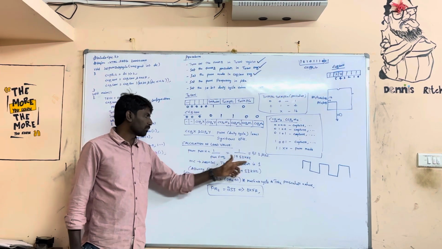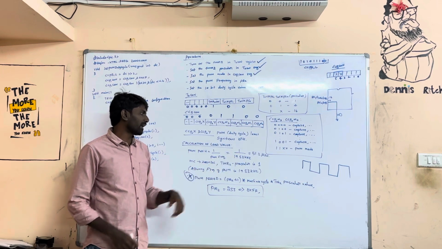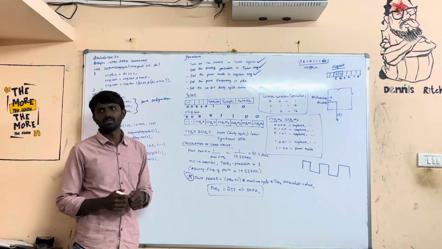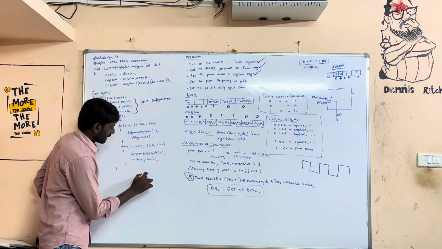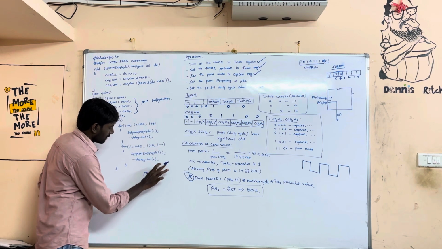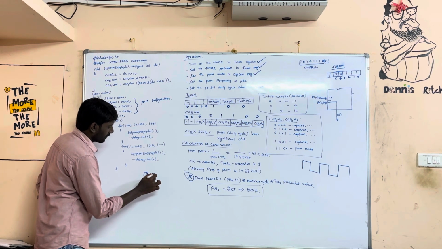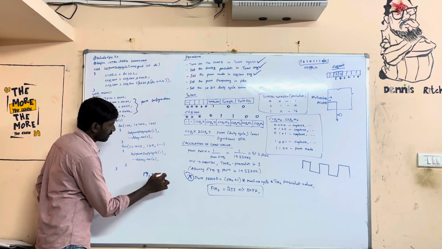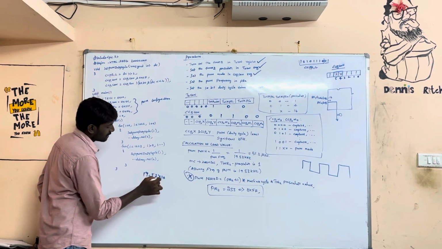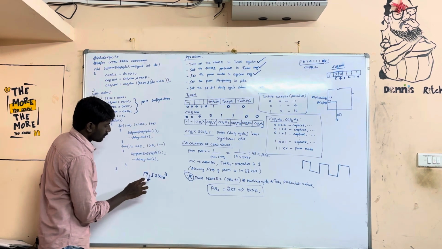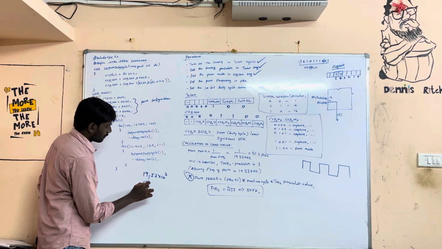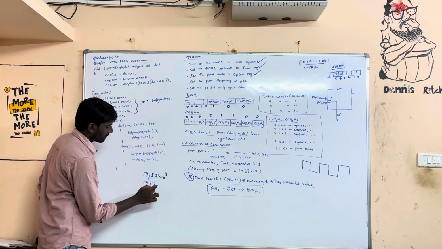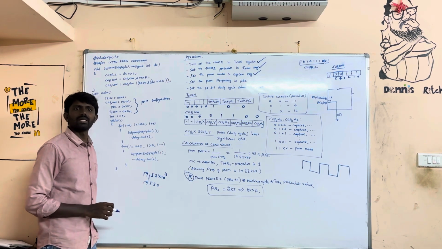The expected output frequency is 19.53 kilohertz, which means 19.53 into 10 to the power 3, that is 19,530.